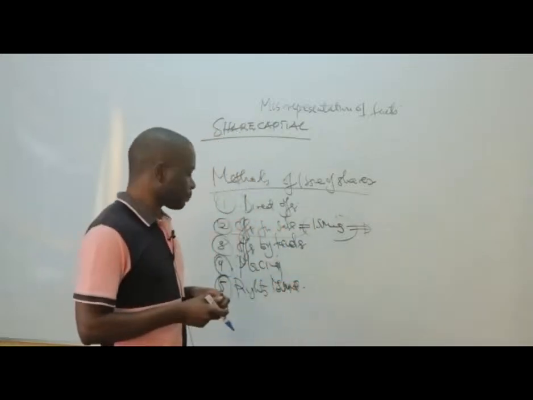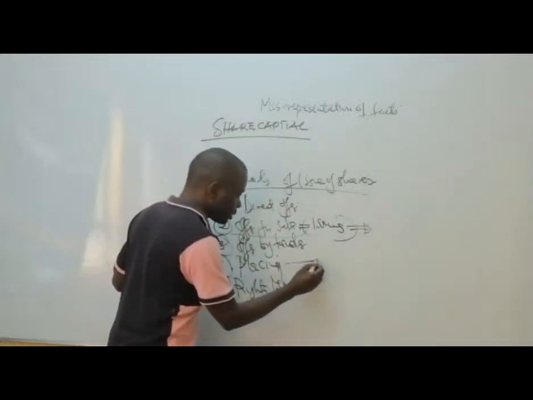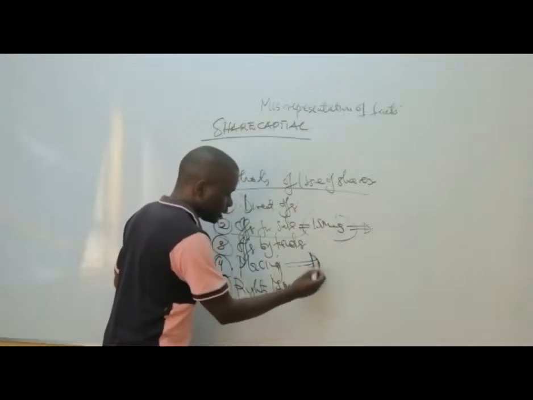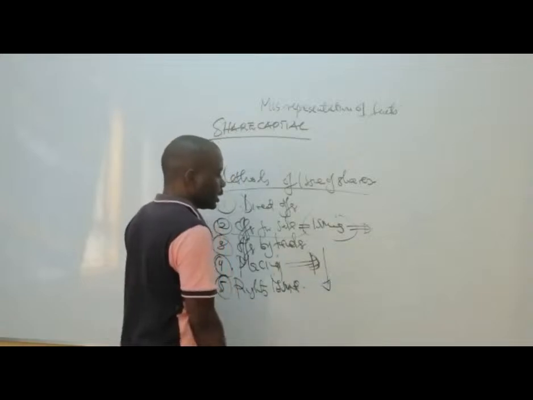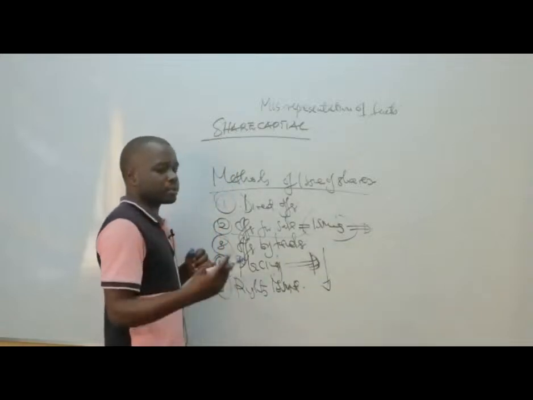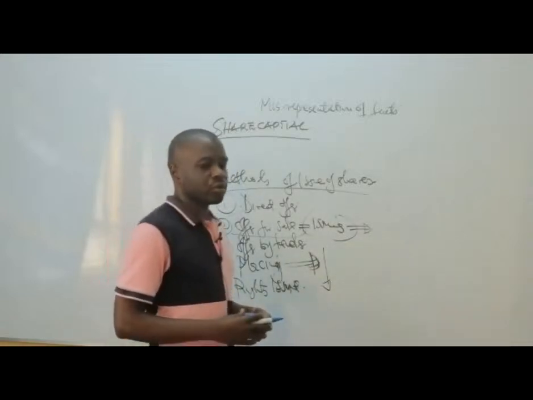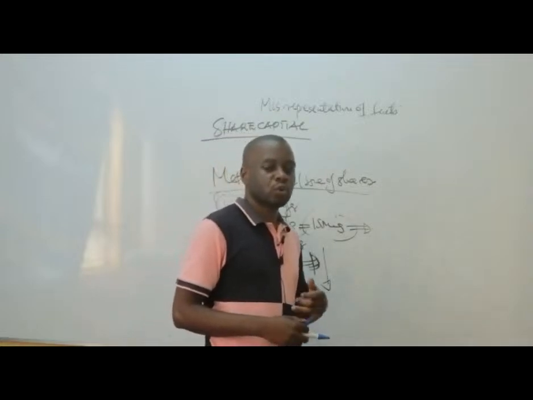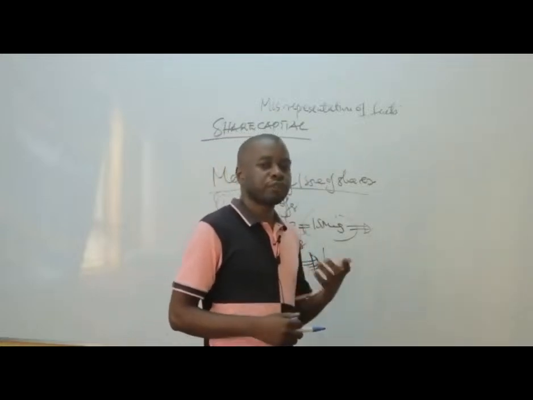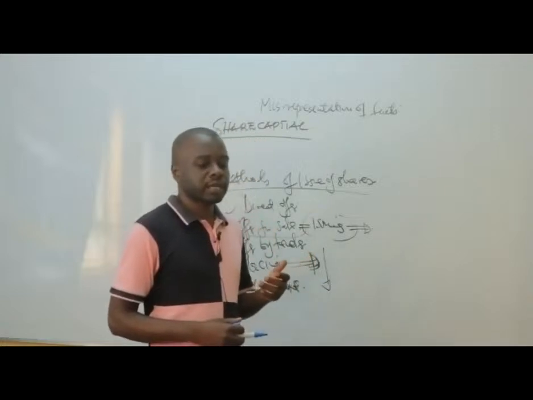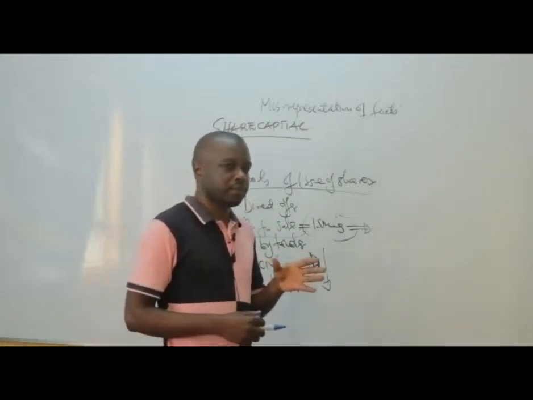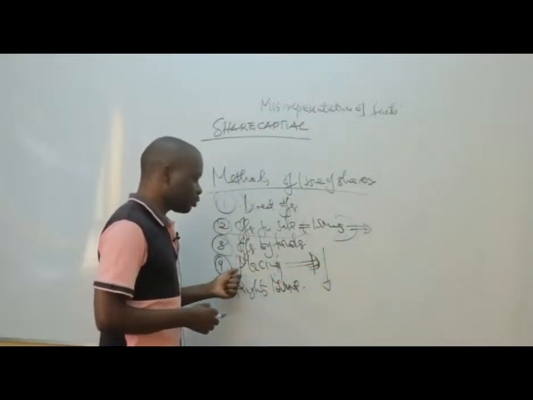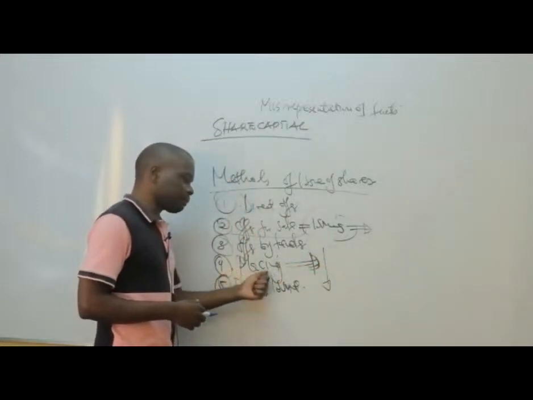So the issuing house chooses specific investors in the economy who are likely to buy the shares in huge quantities. Instead of waiting for people to subscribe for the shares, the issuing house already has those investors they know, so they can convince them to buy, for example, all the shares of the company. If they do such, we say they are doing what we call placing.